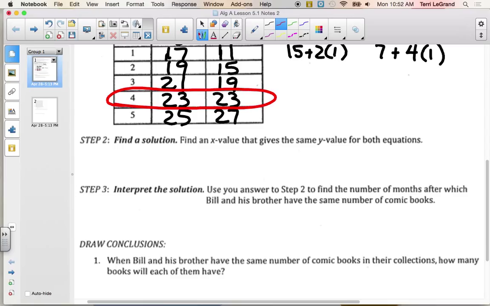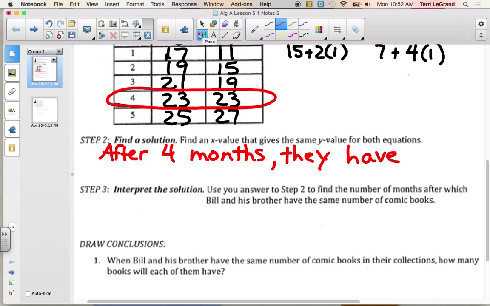So find a solution, we are saying, or we could say, after 4 months they have 23 books each in their collection.